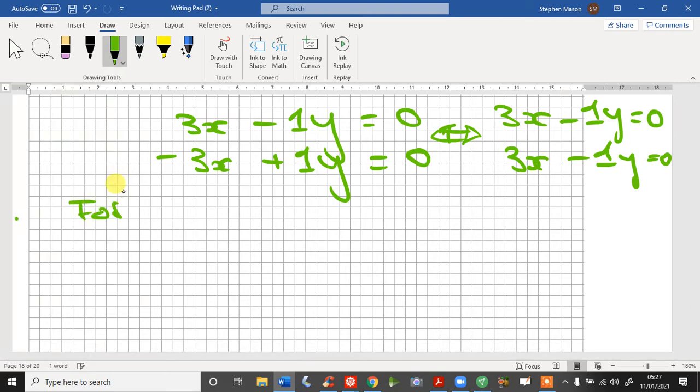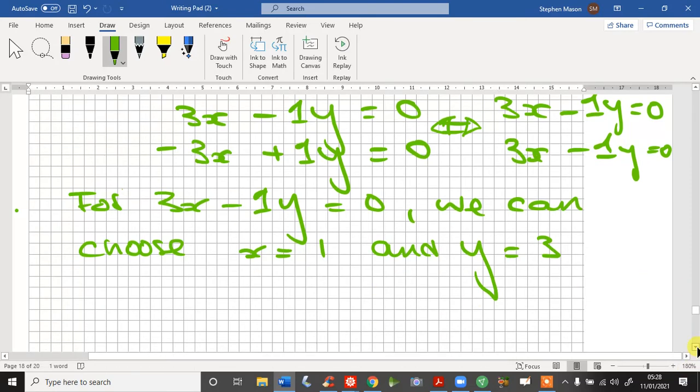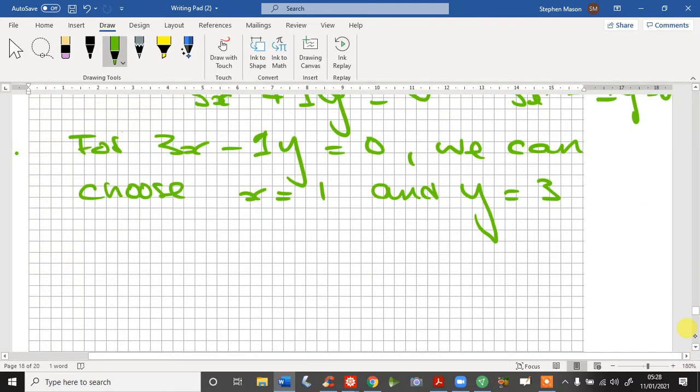For 3x minus 1y to equal 0, we can choose x to be equal to 1 and y to be equal to 3, because if we substitute 1 in for x, we've got 3 times 1 minus 1 times 3.